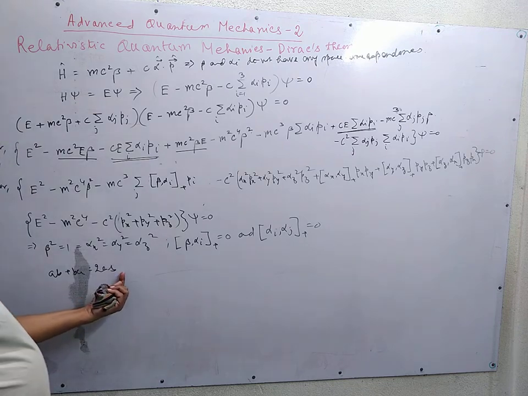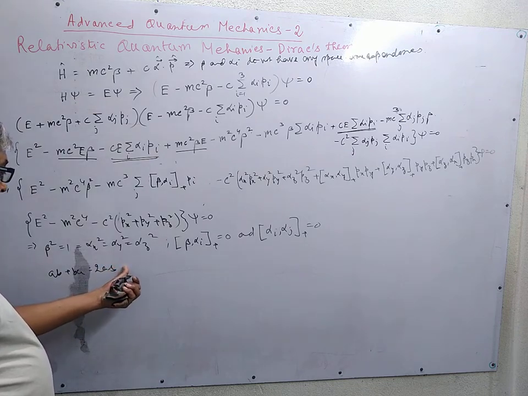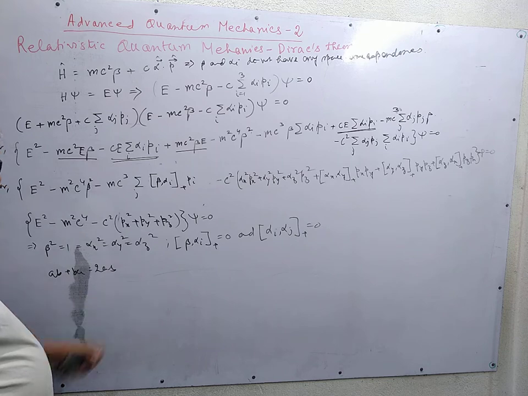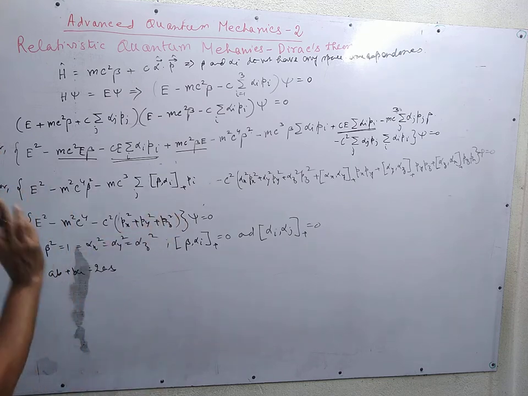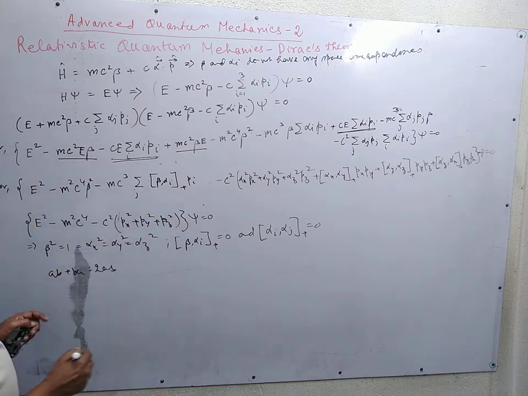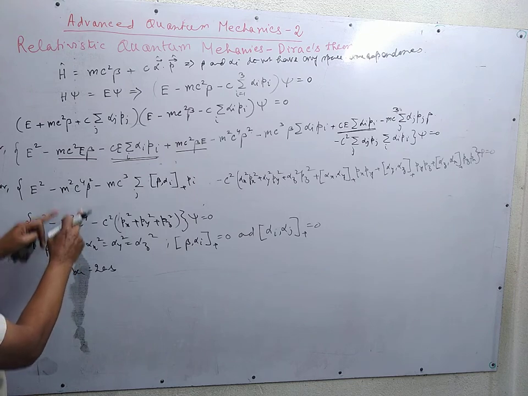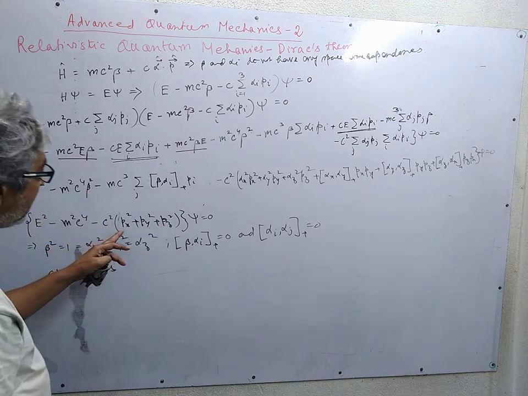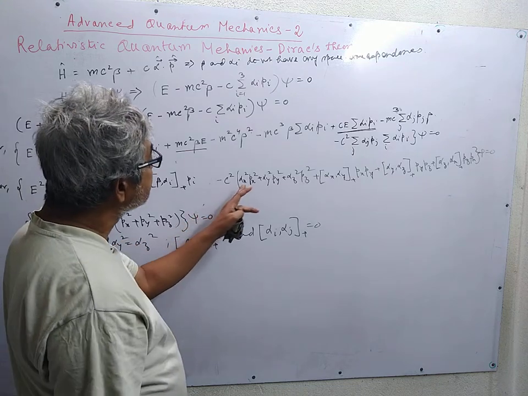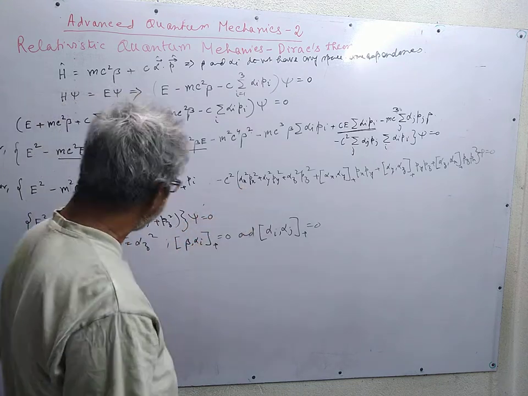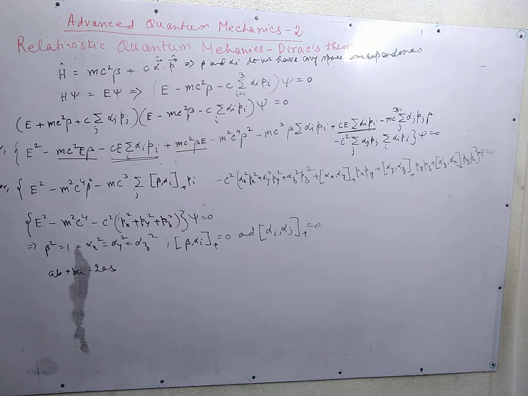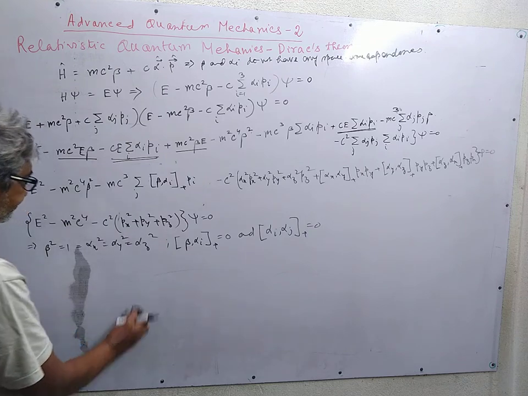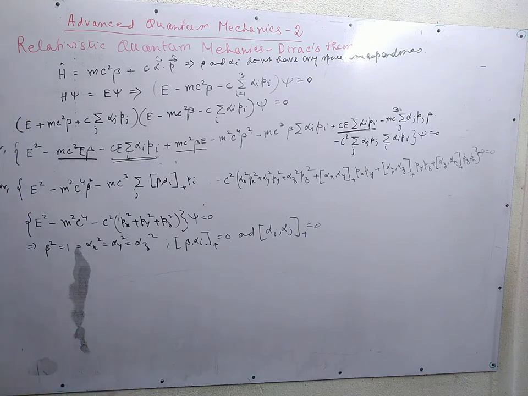If this is 0, then either A should be 0 or B should be 0. But here we see that if beta is equal to 0, then this term disappears from the expression, and if any one of the alpha x squared is 0, then this term will disappear. So we conclude that they cannot be scalars, rather they are matrices.